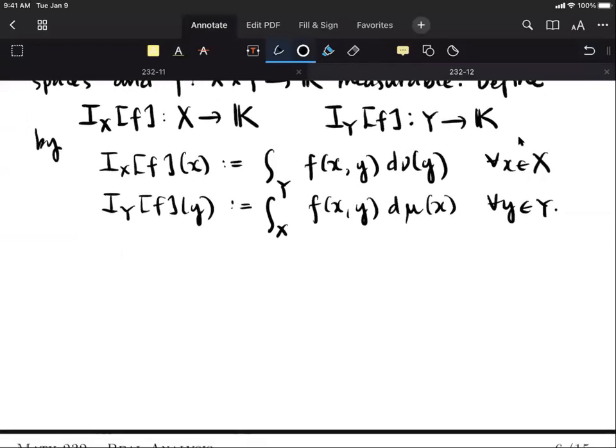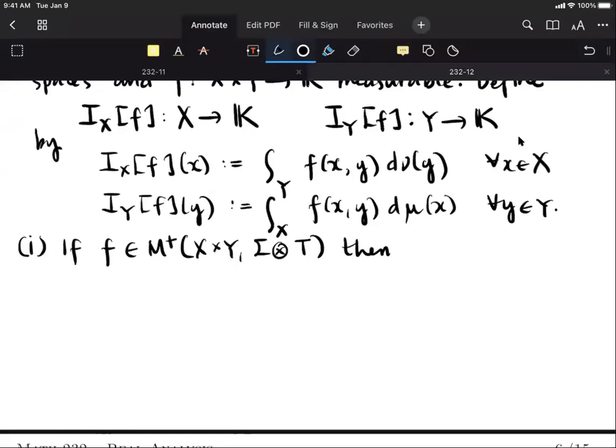So for the first part, let's say f is a non-negative measurable function. Then these integrals are also non-negative.